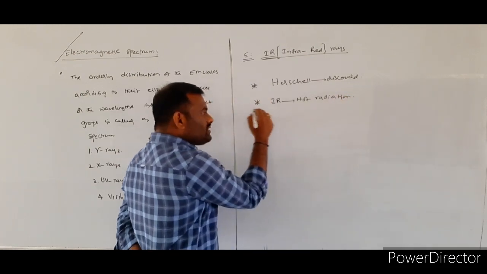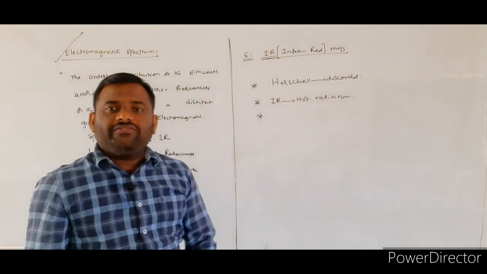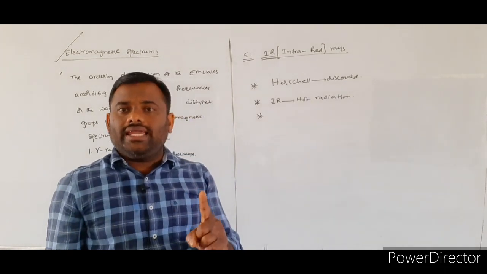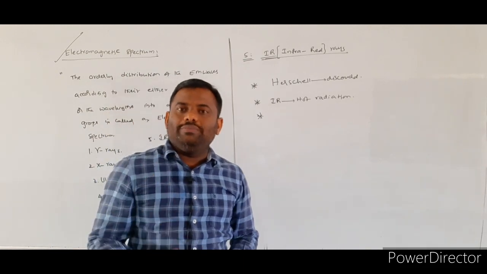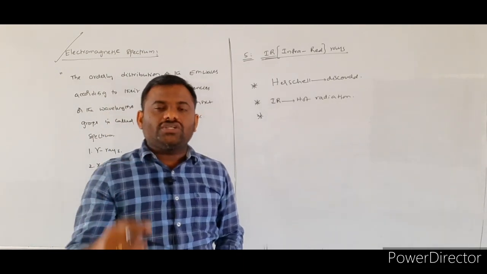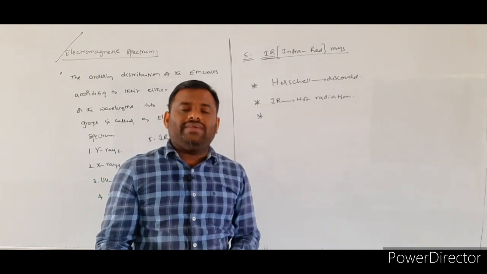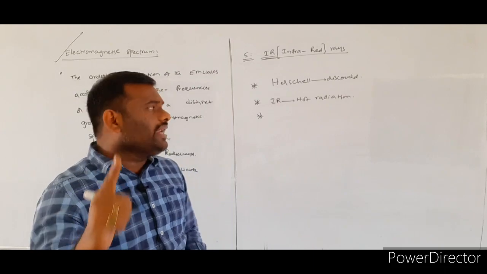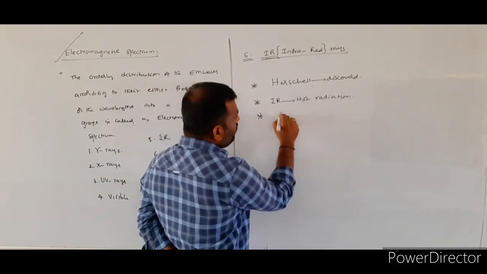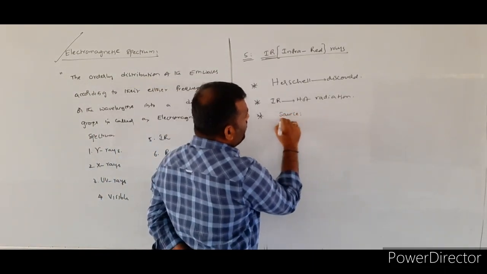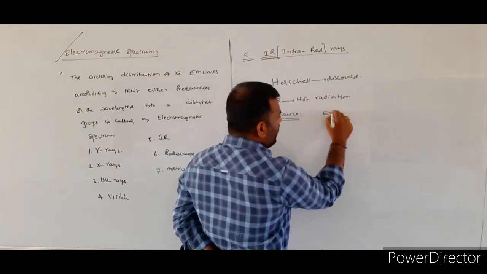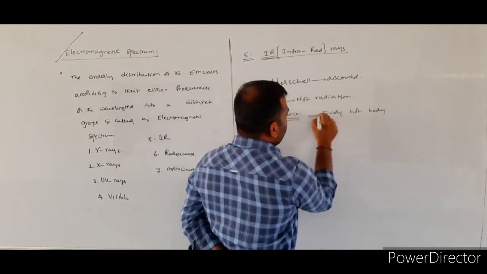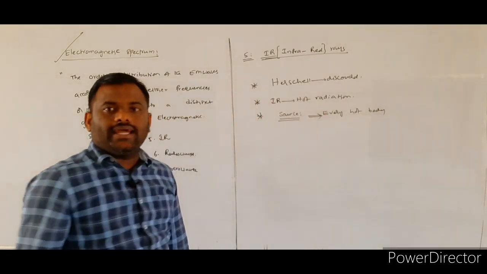What is the source of the IR rays? Every hot body will be emitting the IR rays. Even our human body has some temperature, so if any body has a definite temperature value, that body will be emitting the IR radiation. So every hot body emits the IR rays.